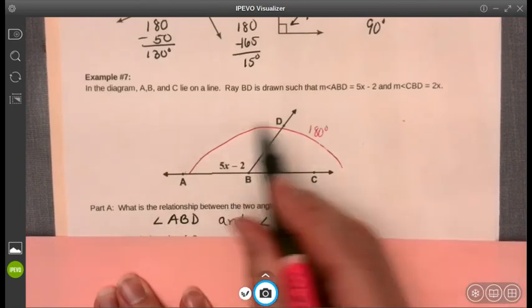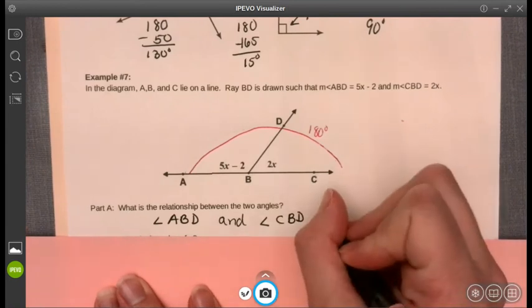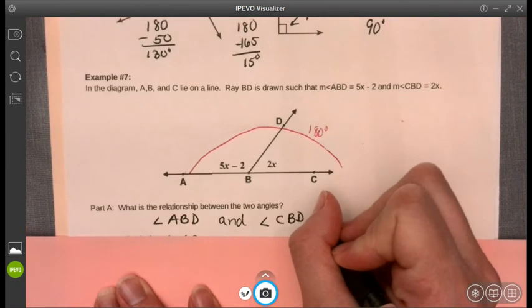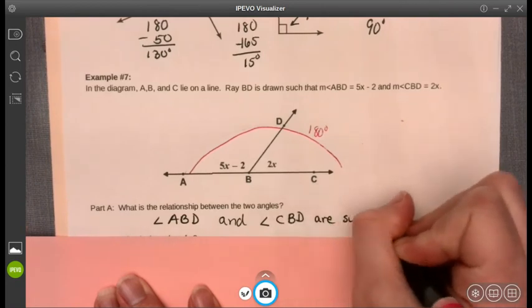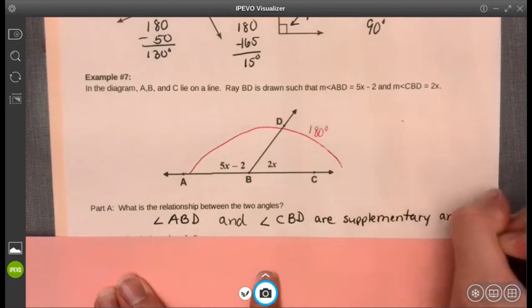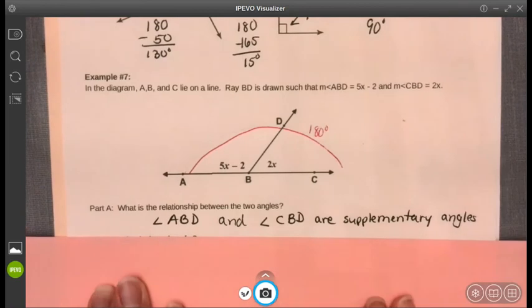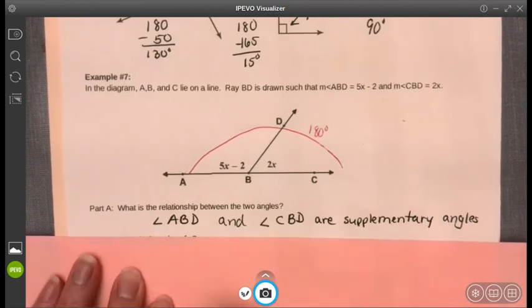But together, they lie on a straight line. So together, they are 180 degrees, or you could now say our new vocabulary word, they are supplementary, because supplementary angles add up to 180. So we want to stop and recognize what is the relationship between those.